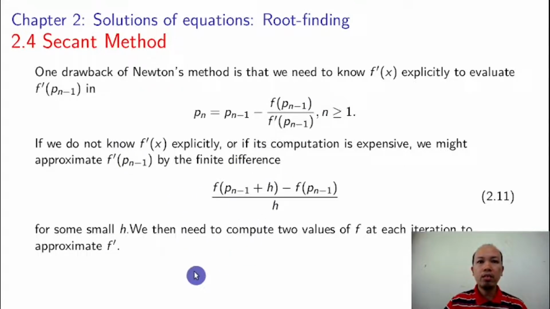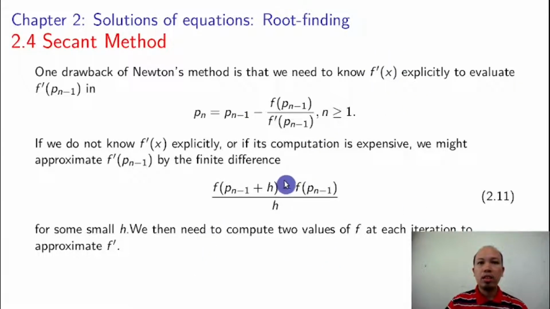So we need to compute two values of f at each iteration to approximate f prime. Unlike in Newton's method, where you need one value for the initial guess and then the first derivative, in the secant method you don't need the first derivative.